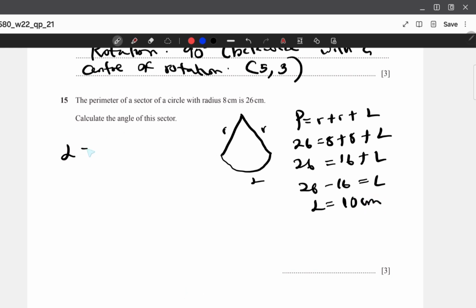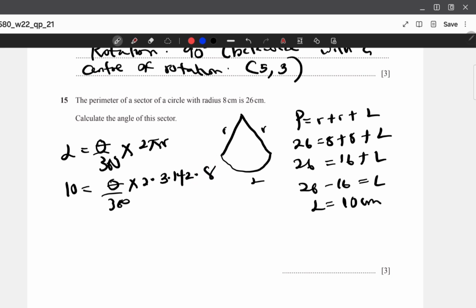So we can use the length of an arc formula, which is theta over 360 times 2 pi r. So the length of our arc is 10. Theta is what we're looking for, over 360 times 2 times 3.142 times radius, which is 8. So let's just solve this. This will now be 10 equal to theta times 2 times 3.142 times 8, which will give us 50.272.